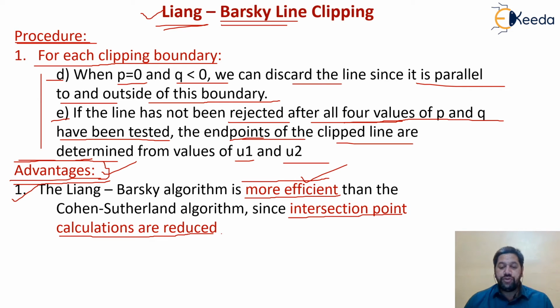We have seen that the Cohen-Sutherland algorithm takes more time for calculating the intersection point, but the Liang-Barsky algorithm is more efficient because the intersection point calculations are reduced with the help of the parametric equation. This is one of the main advantages of the Liang and Barsky line clipping algorithm.